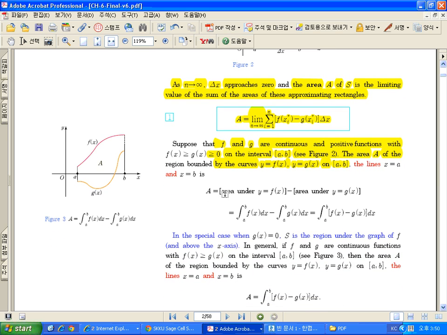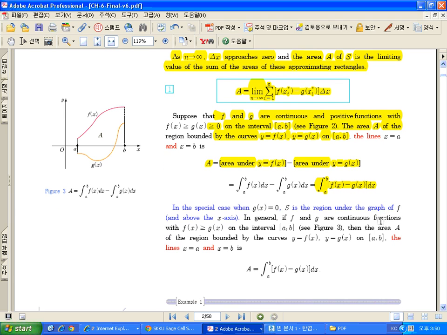Then the area A is the area under y = f(x) minus the area under y = g(x), which can be obtained in this way.